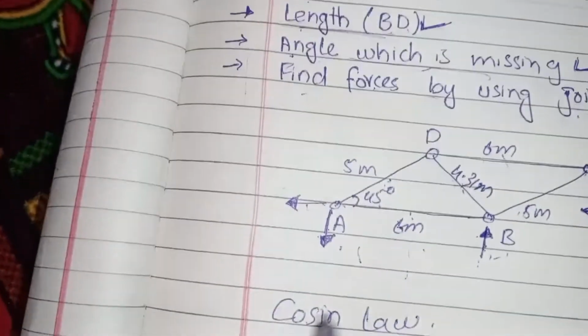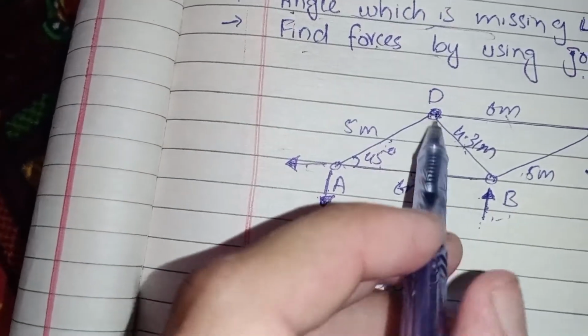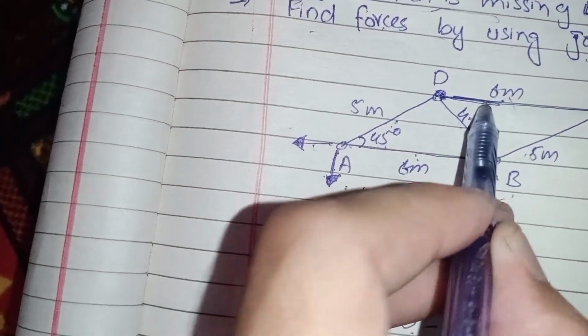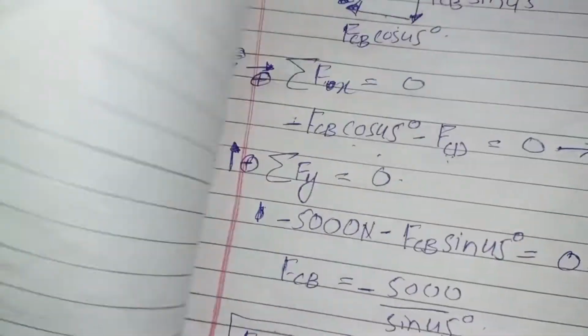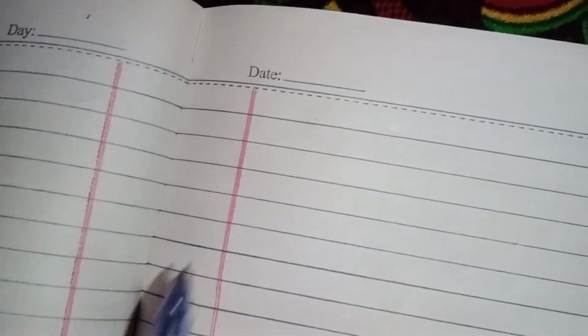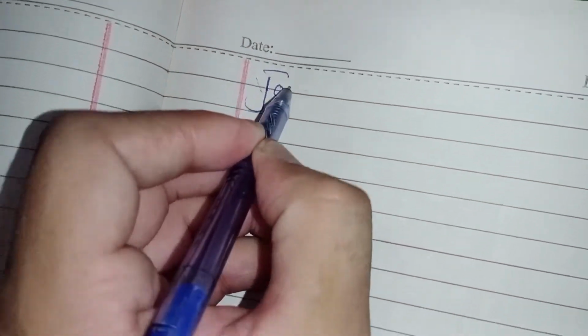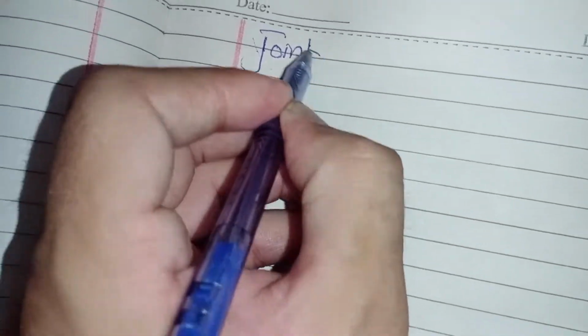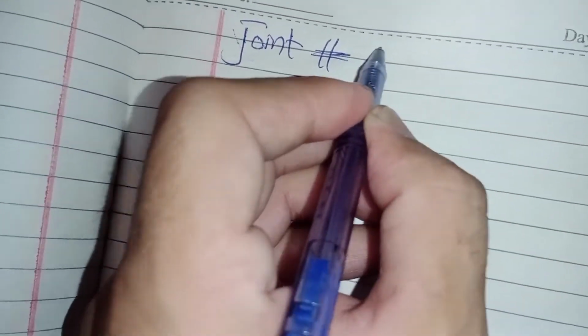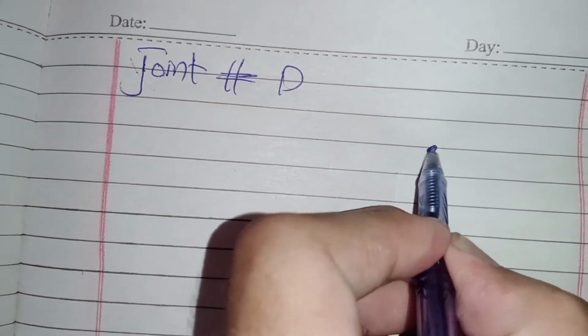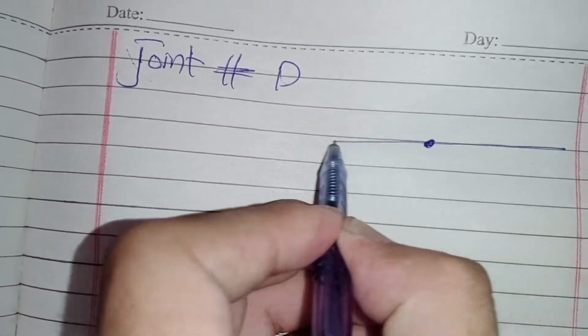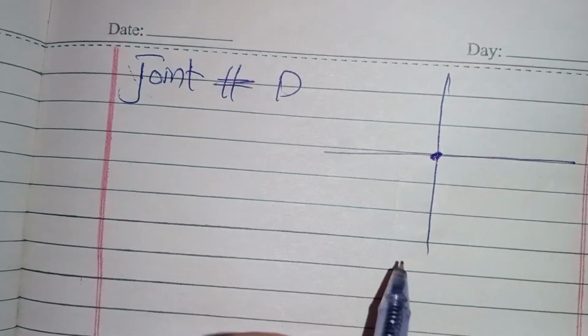Now I will take joint D to calculate, because there is one known force and two unknown forces. So I will take joint D. Okay, so I draw it in the xy plane for ease.